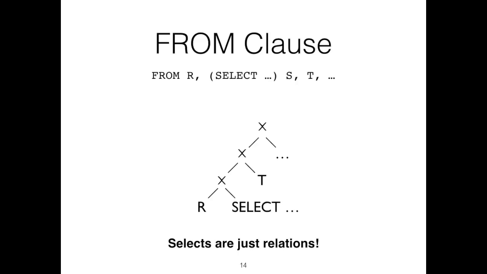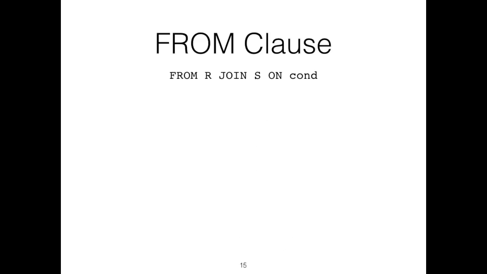Okay, so there's a couple of minor variations that you'll encounter. There is a variation of this from clause where somebody can write R join S. Now R join S is essentially the same thing as saying R comma S, but it also allows you to say R join S on some condition.